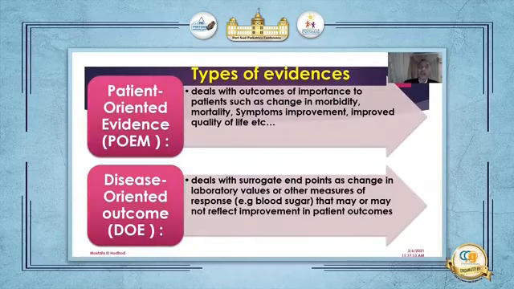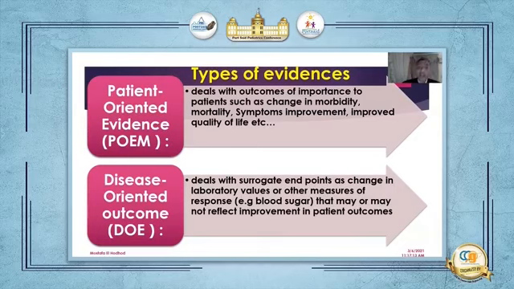And we can classify types of evidence into 2 categories. Patient-oriented evidence deals with outcomes of importance to patients: a change in morbidity, mortality, hospital stay, quality of life, symptom improvement.